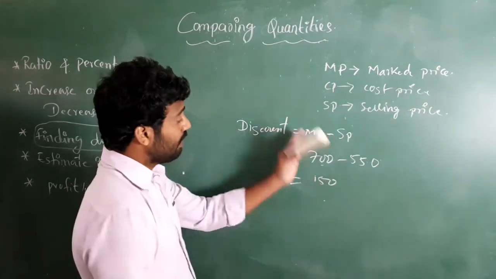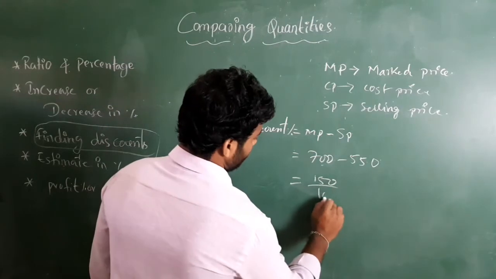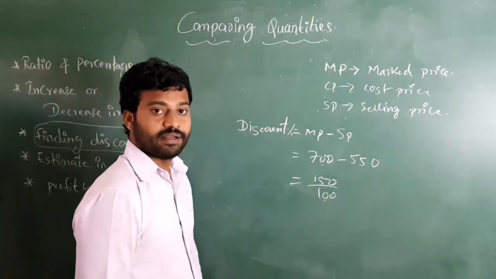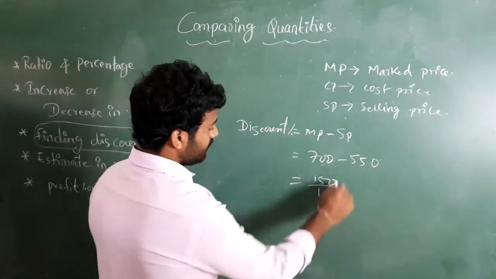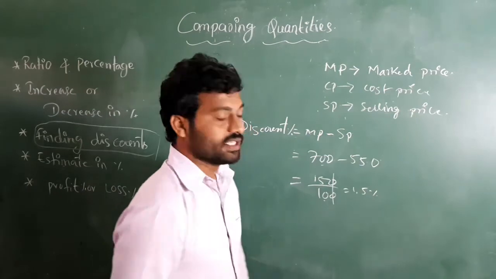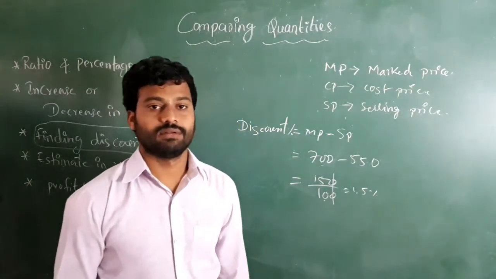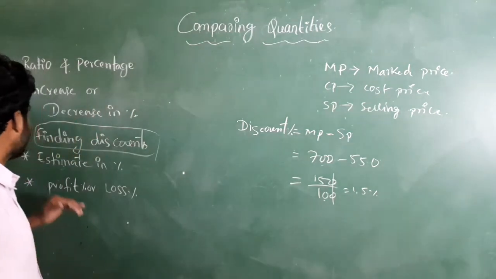Now if you want to find the discount percentage, then what did I say? Value by 100 is nothing but the discount. So 0 will cancel. So 1.5% is the discount. Clear or not? So this is about the discount.